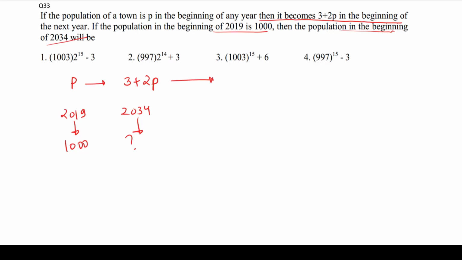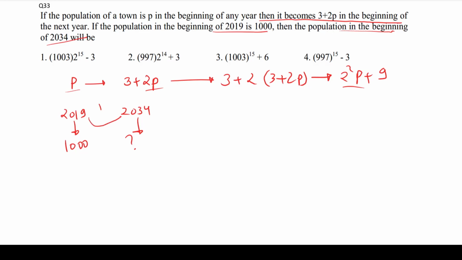If we calculate for the next year, it will be 3 plus 2p. Then this will be 3 plus 6, which is 9, so 2 square p plus 9. So we can see there is a pattern: the difference between the years will always be the power of 2.